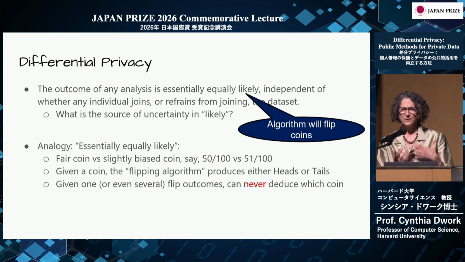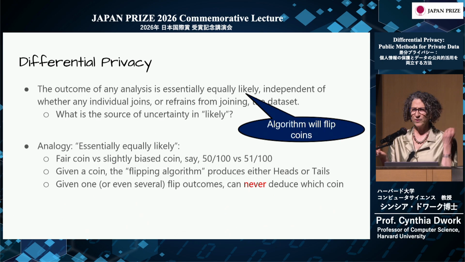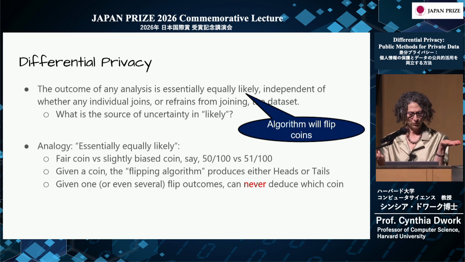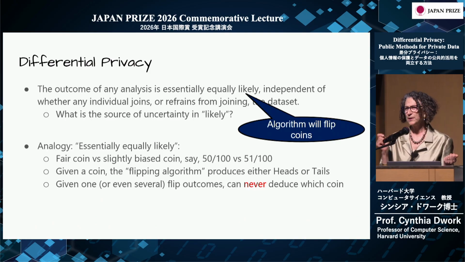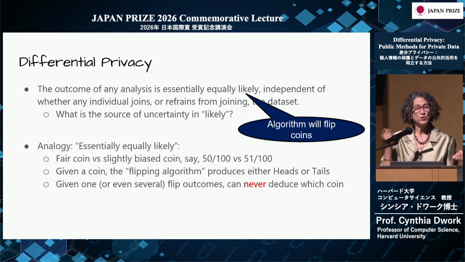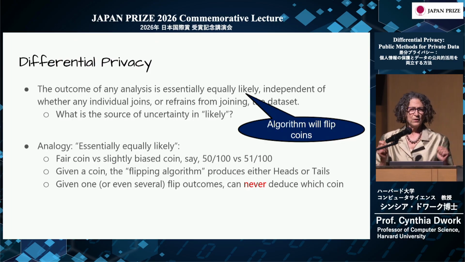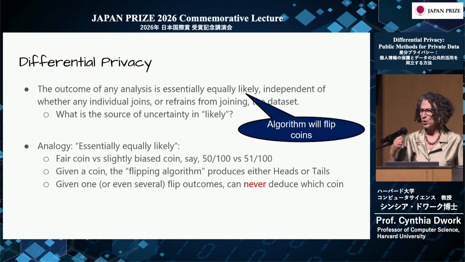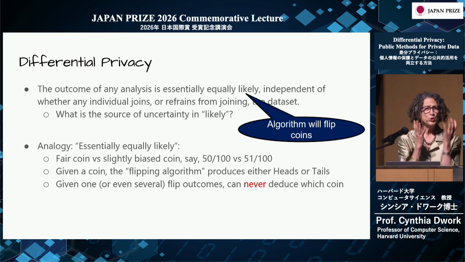Just a little bit of an analogy here. Suppose I have 2 coins. One of them is a perfectly fair coin, so chance 50 over 100 of coming up heads if I flip it. And the other coin is slightly biased, 51 over 100 chance of coming up heads. So let's suppose that I'm going to flip a coin, and you don't know which coin. You know the 2 possibilities.